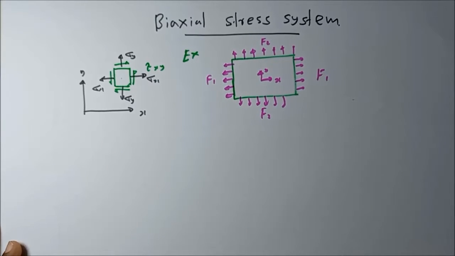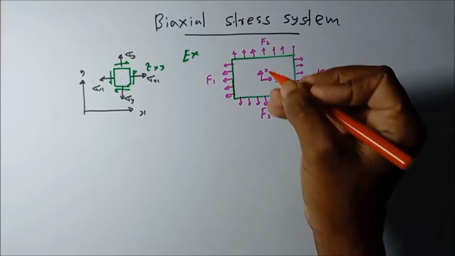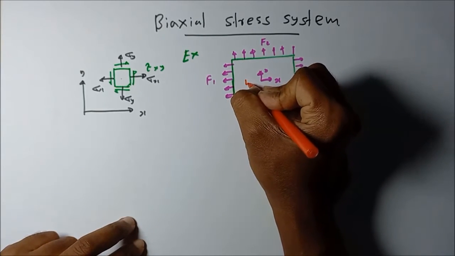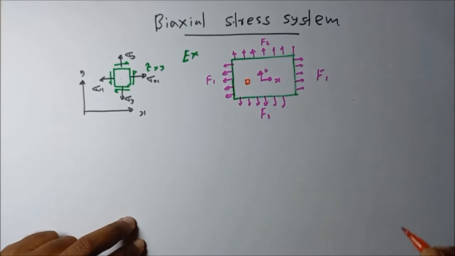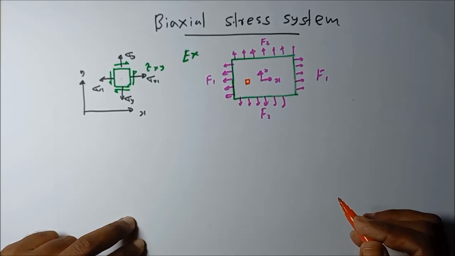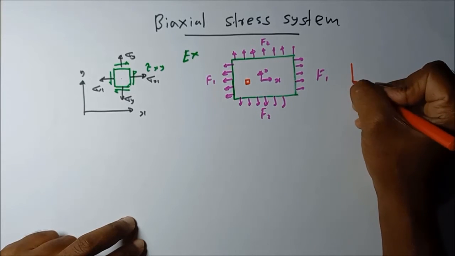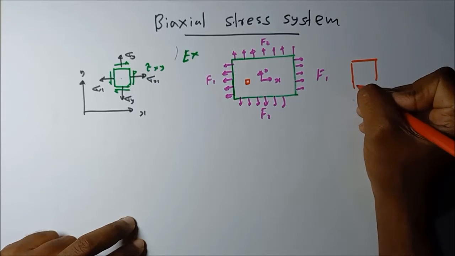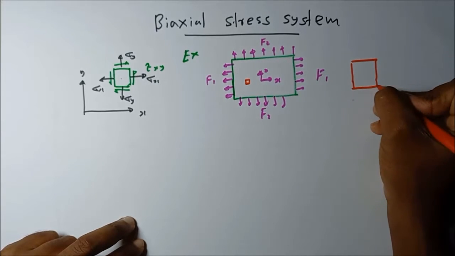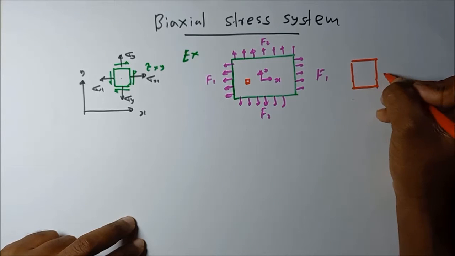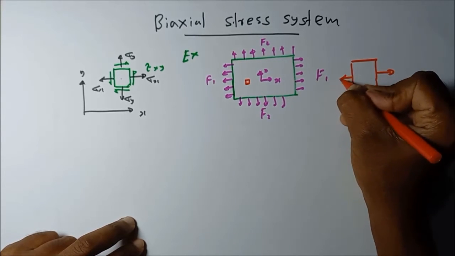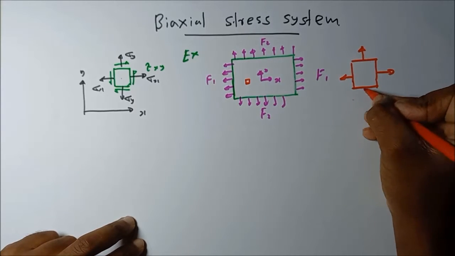Then if you take a certain element from this sheet metal, an infinitely small element, all the stresses acting on this element we can represent on a two-dimensional plane.